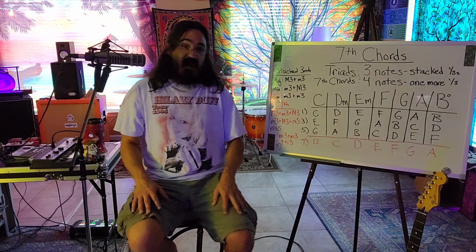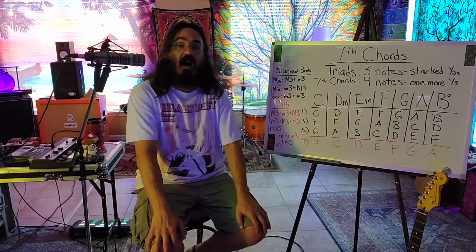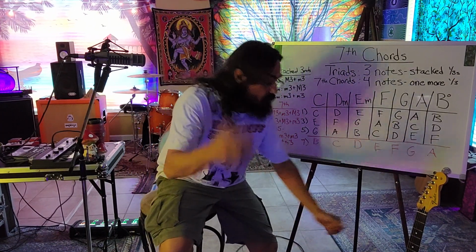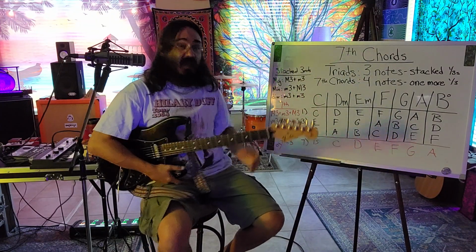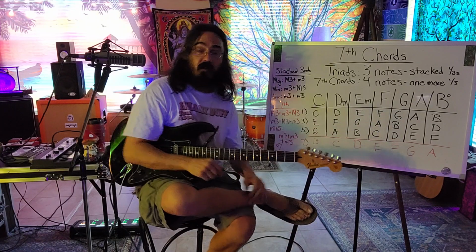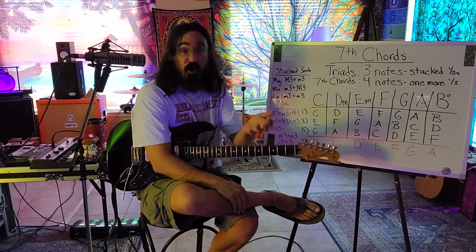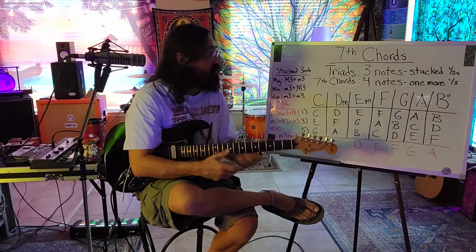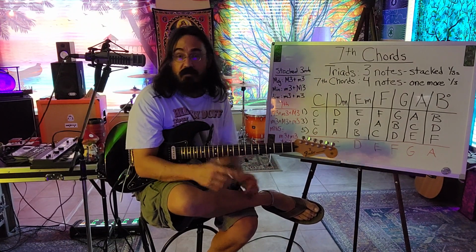So let's look at some of these chords and their shapes on the guitar, so we can begin to apply them. All right, and so there are many different shapes for you to play seventh chords. There are going to be more permutations of seventh chords, more ways to play them on the guitar than your basic triads, because you have more notes to work with.